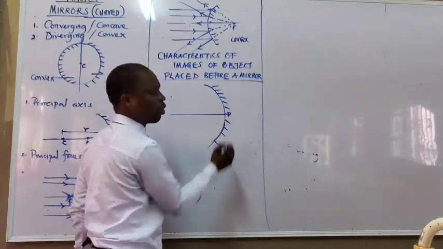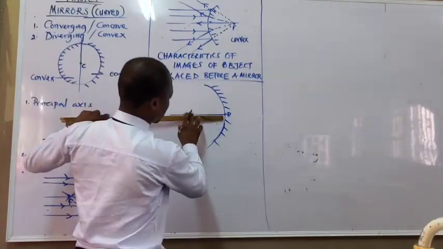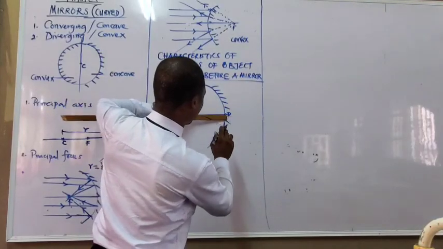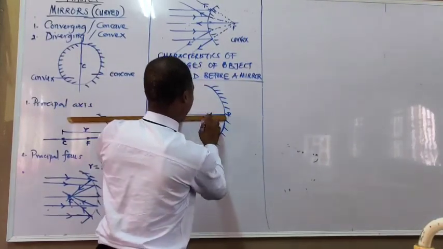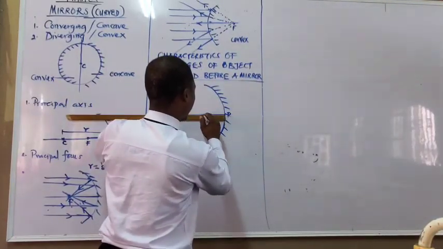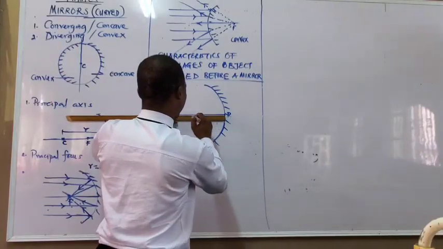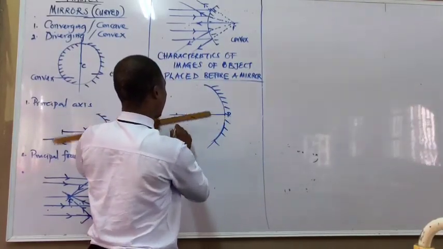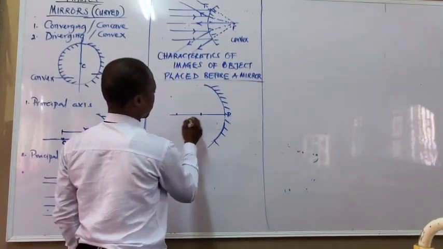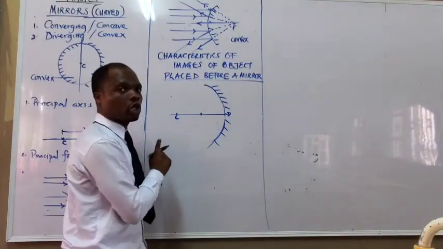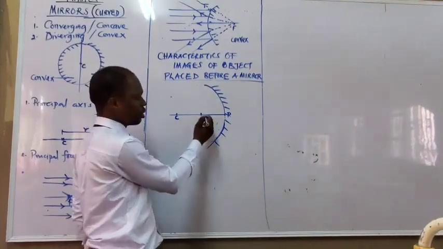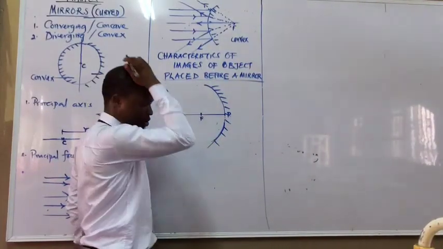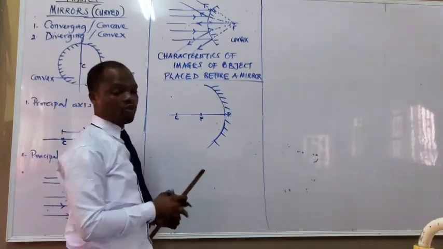This is the pole. Measure equal distances. Let's say from here to here is 12 centimeter. So this will be 24 centimeter. This is our center of curvature. Label this as center of curvature, and label this as the focus, the principal focus.